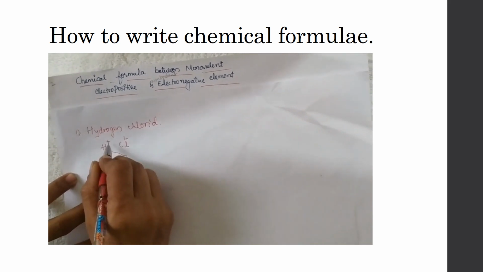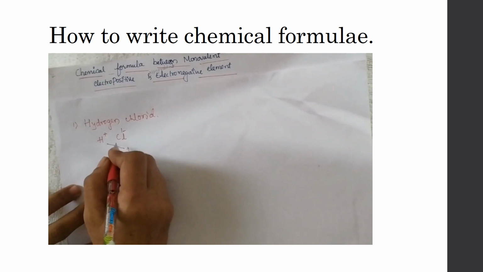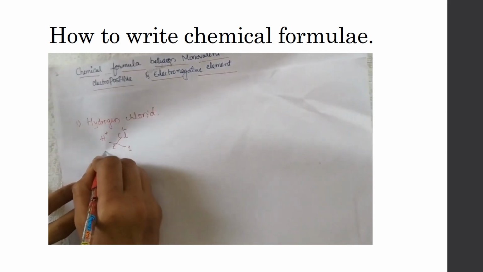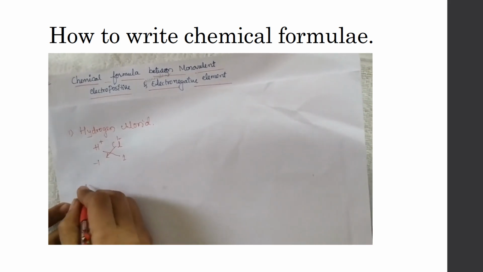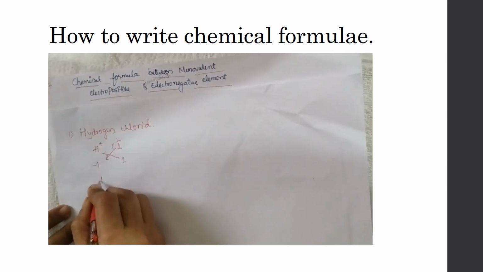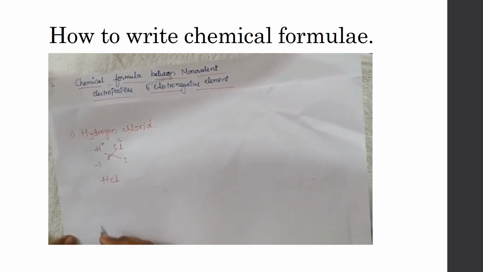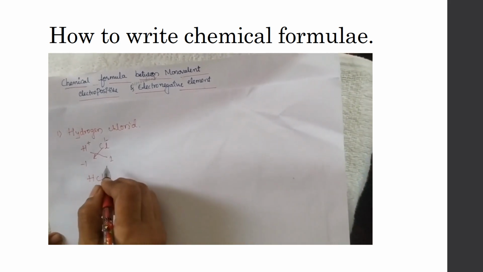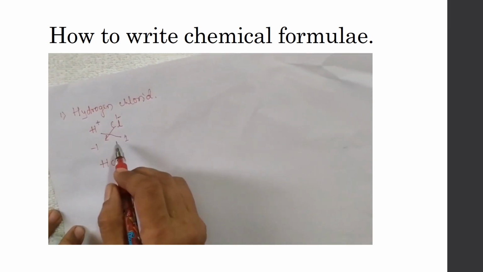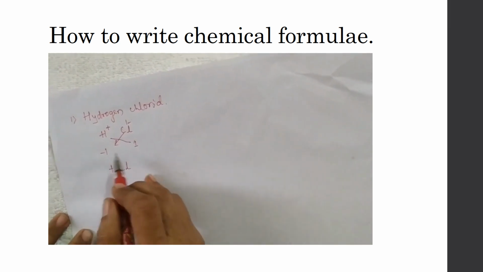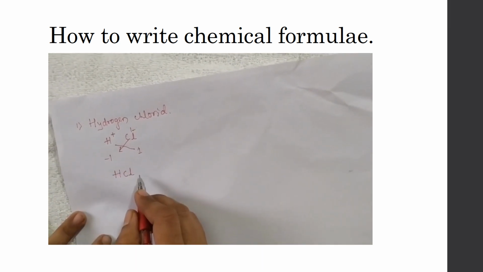Here H+ has valency 1 and Cl has valency -1. Now we can combine them like this: HCl. If the subscript is 1, we should avoid writing this 1. Now it becomes HCl.